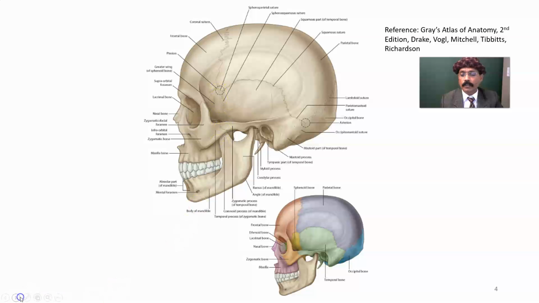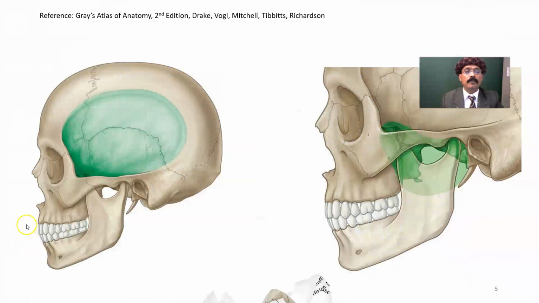Okay, we got that. Now this is the temporal fossa, infratemporal fossa. So if we remove the zygomatic arch, we'll get the infratemporal fossa, bounded anteriorly by the maxilla, medially by the lateral pterygoid plate, above by the greater wing of the sphenoid bone roof, laterally by the ramus of the mandible and part of the coronoid process here and the condyloid process.